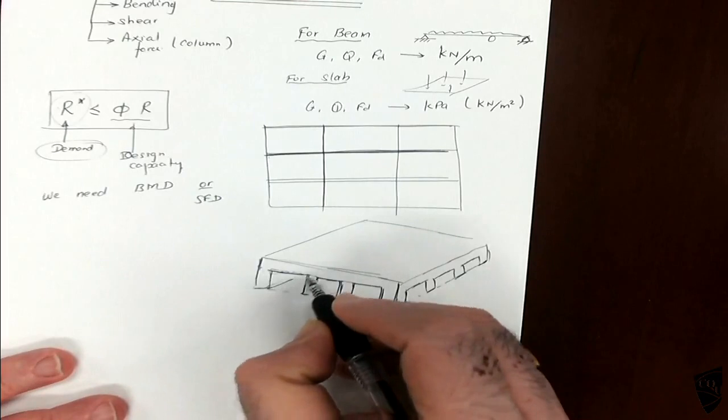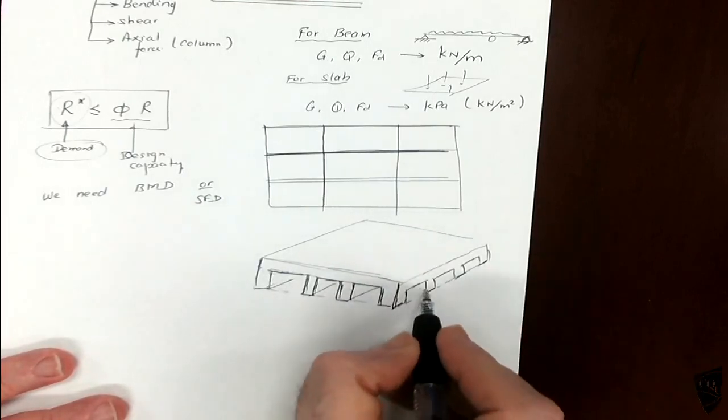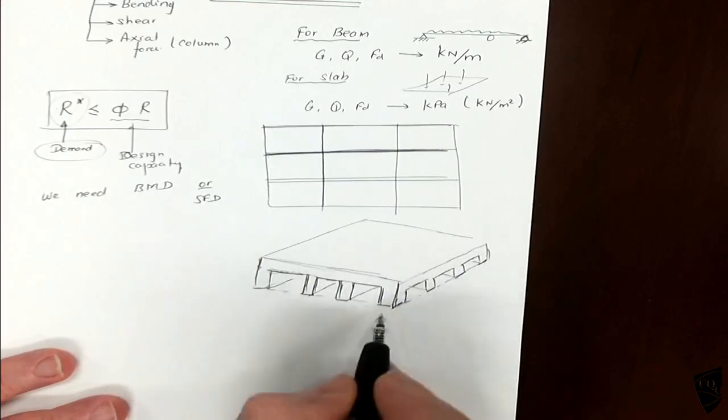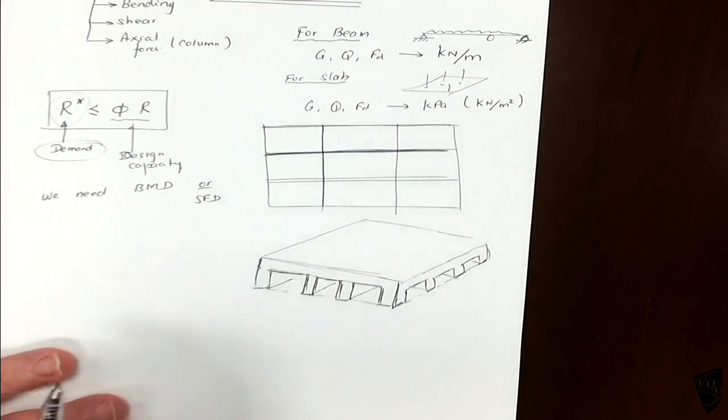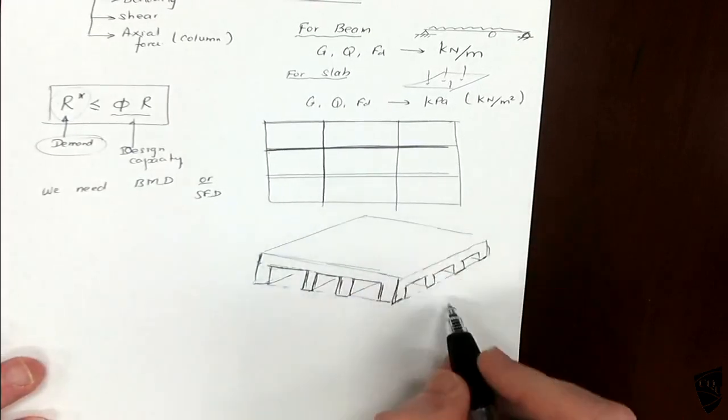If you look at the 3D view, you'll have beams going this way and this way.